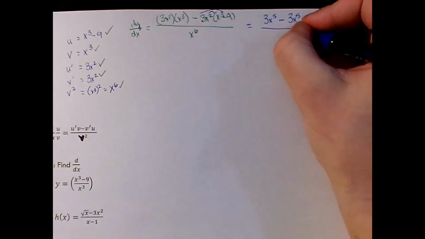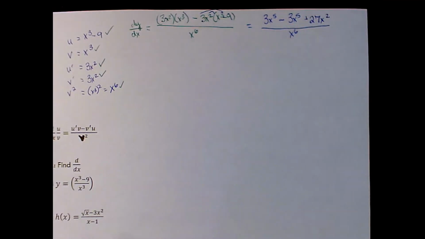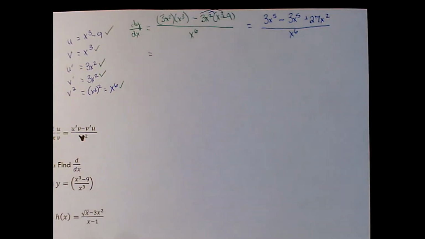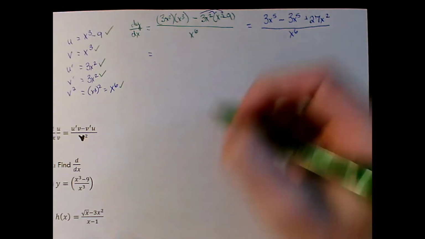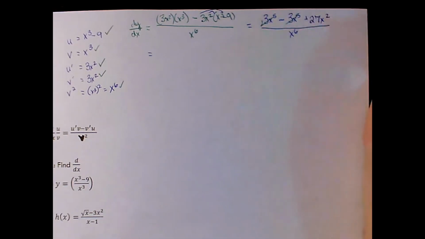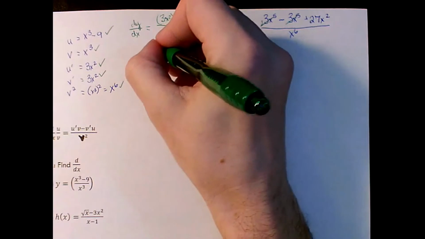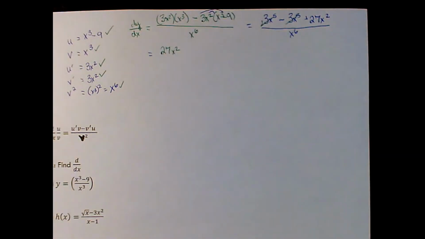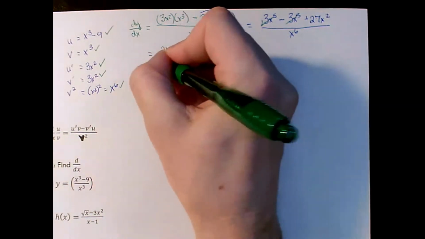That's going to be over x to the 6th. These guys perfectly disappear. 27x squared over x to the 6th.